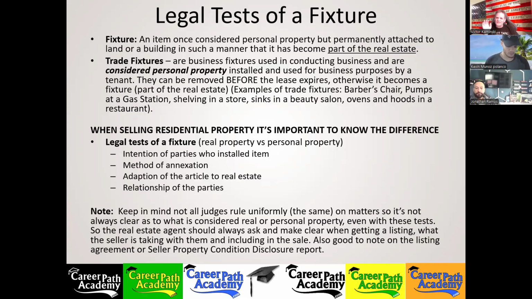Don't just replace it with something, because the buyer saw that property maybe with that chandelier there and they fell in love with the entryway with that gorgeous chandelier. Now they go to do their final walkthrough and it's gone. They made their offer based on that chandelier that was there. It blew them away. They love that feature.